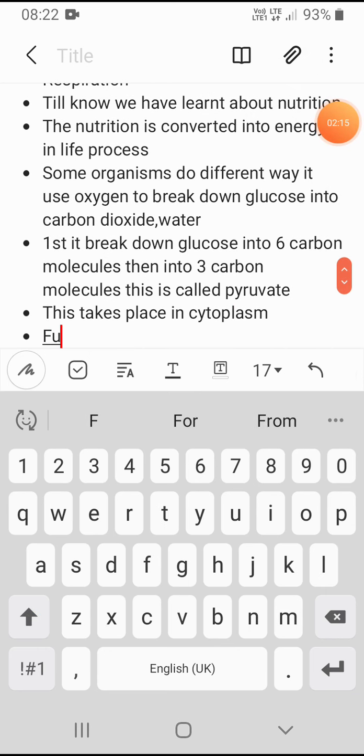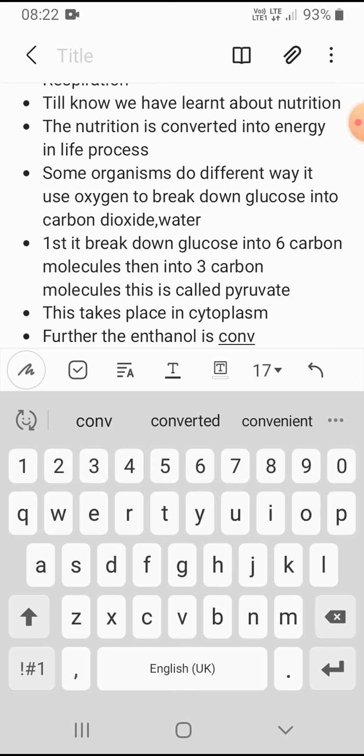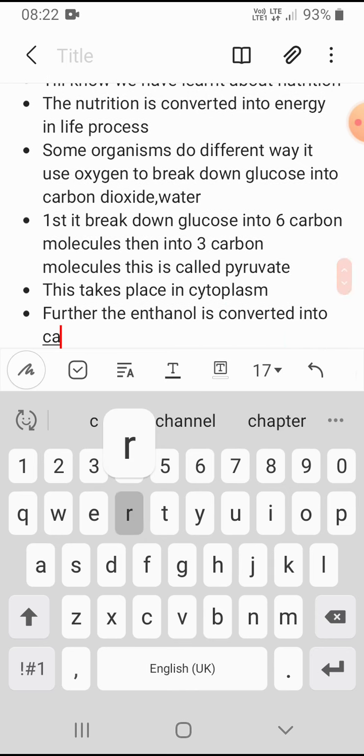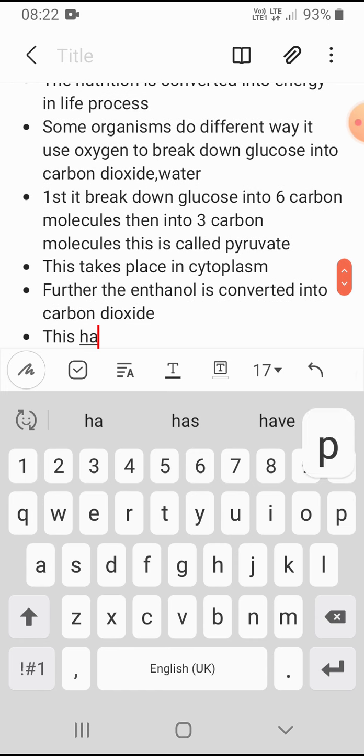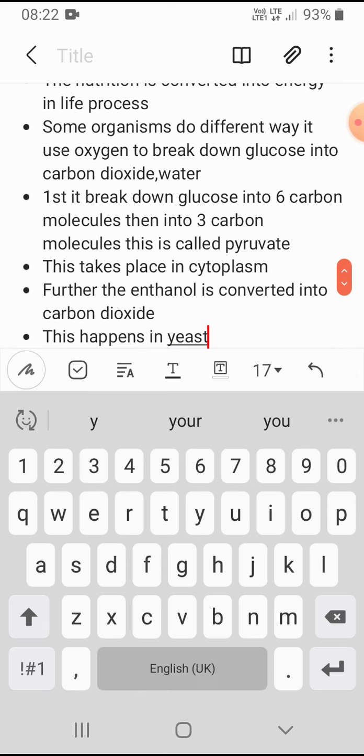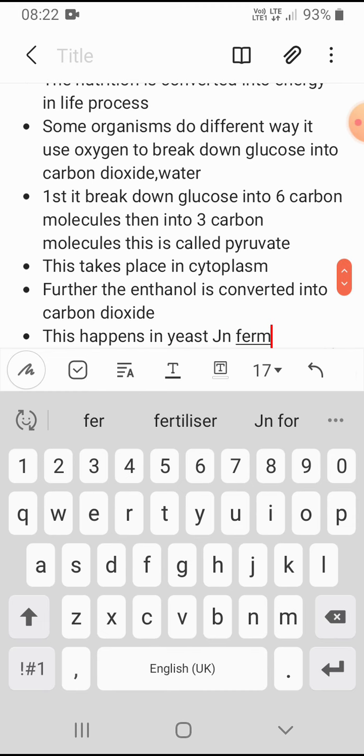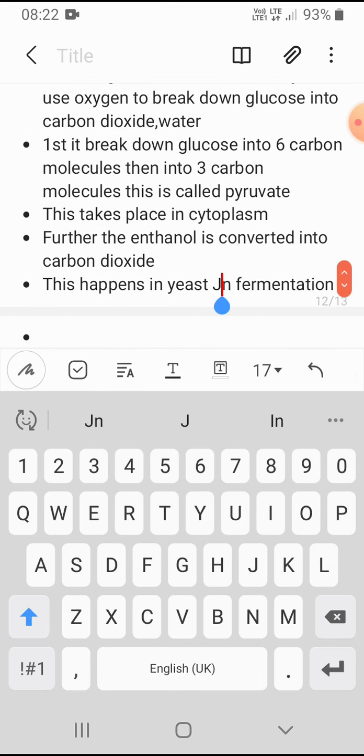So further, the pyruvate is converted into ethanol and carbon dioxide, and this happens in yeast in fermentation. During fermentation it happens.